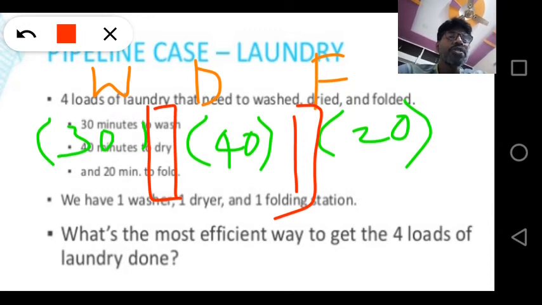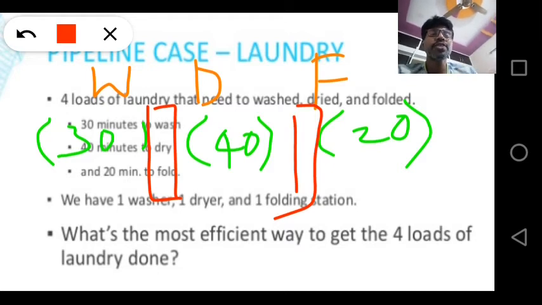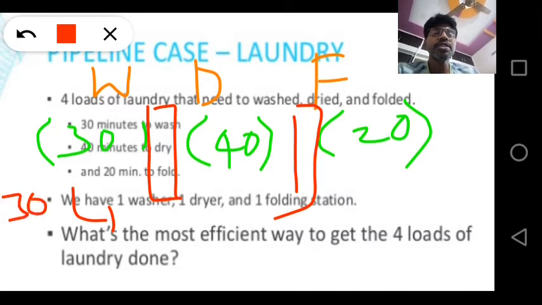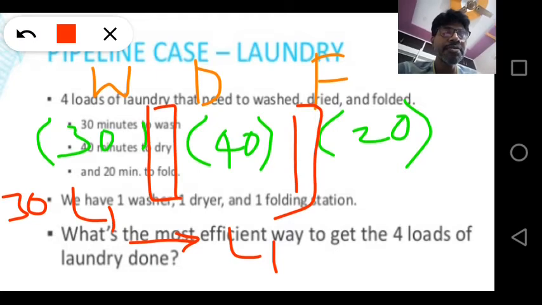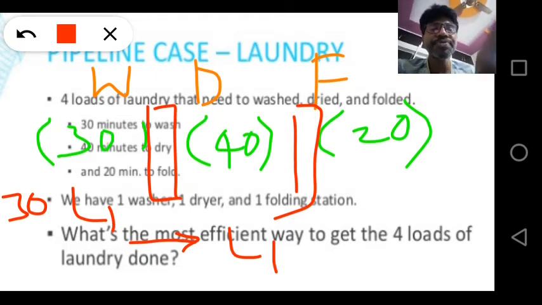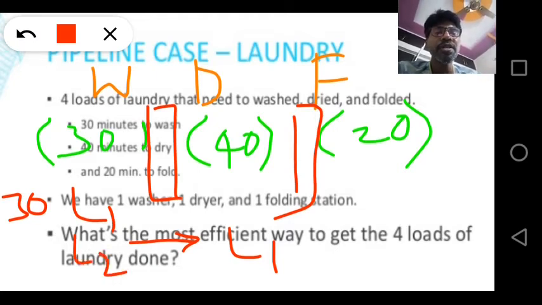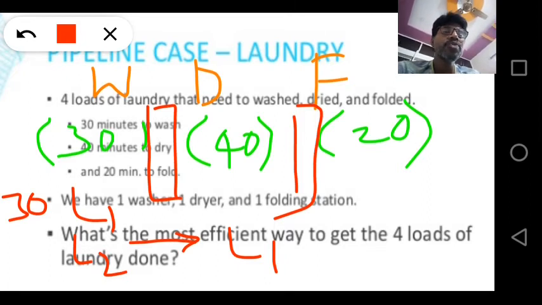When one load L1 is being washed, which takes 30 minutes, after 30 minutes it moves to drying. It takes 40 minutes. While it's drying, another load can come. It can be washed.